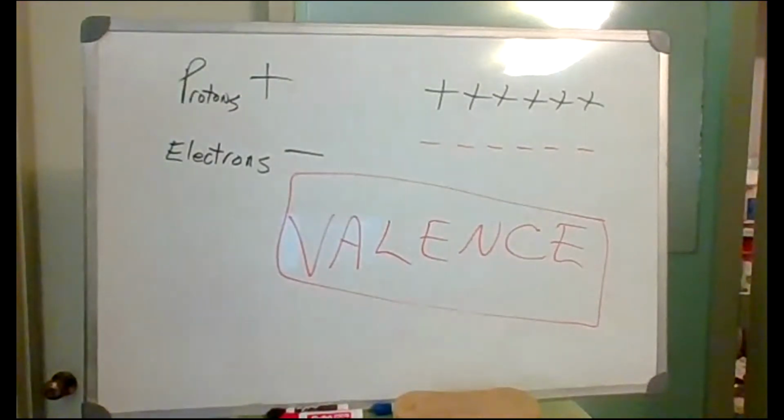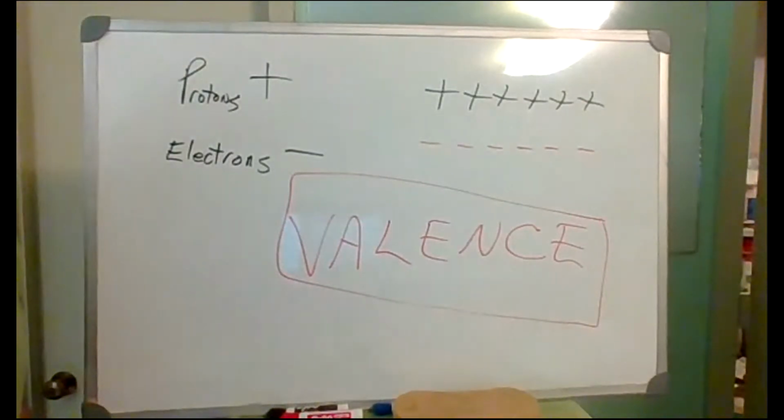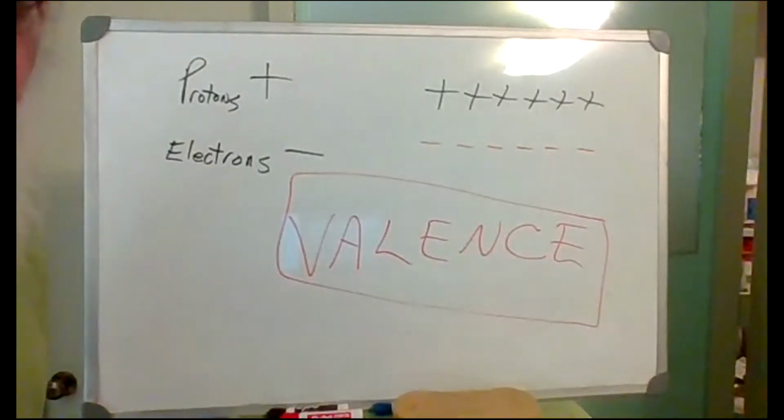The number of valence electrons in a neutral representative atom is equal to the Roman numeral group number. Do I need to say that again? Don't hesitate to speak up. Do I need to say that again?